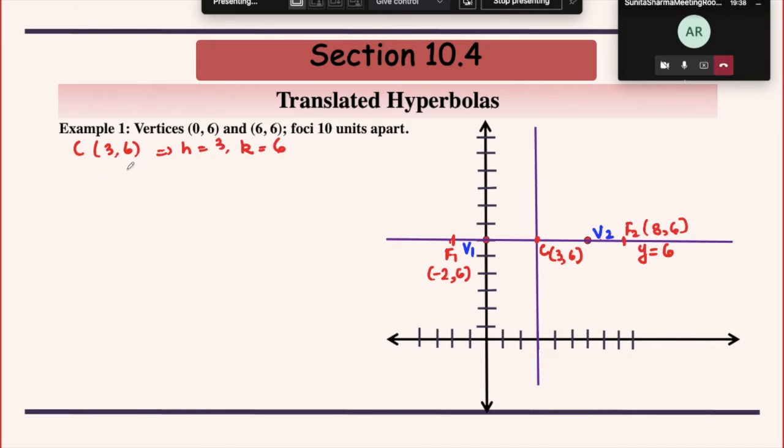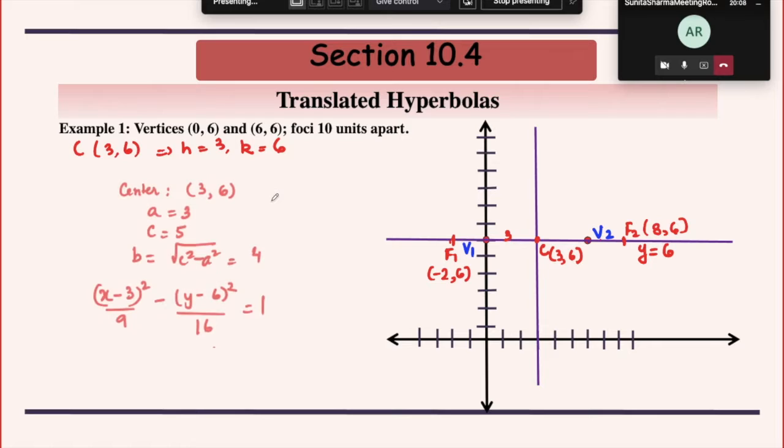So the equation of your hyperbola is x minus 3 whole square by a square. A we already know is 3. So this length is 3, so accordingly you will take a square, and minus y minus 6 whole square divided by b square. So b we can find using the relation between a, b, c, and it comes out to be 4, and then equals 1.